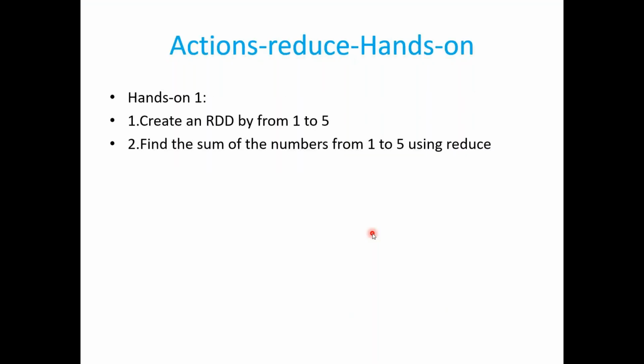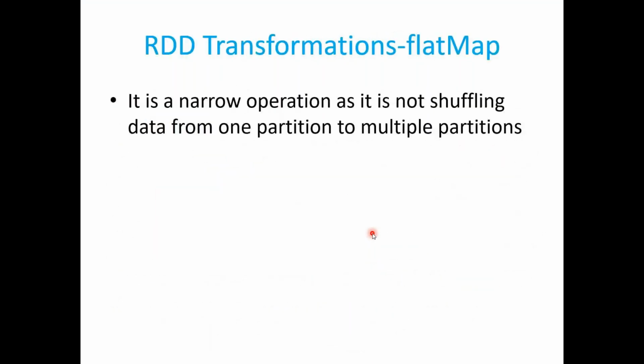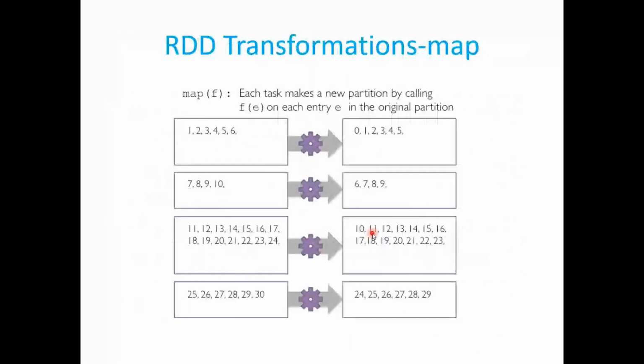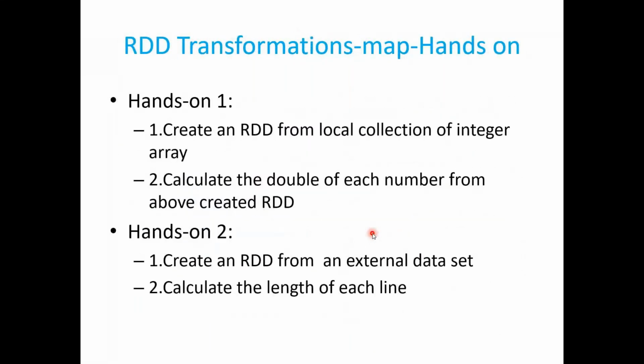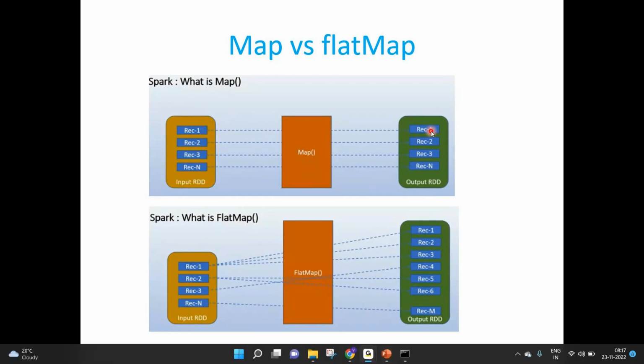So now I wanted to go back to one of the important concepts called flat map. Before talking about flat map, in map, what have we learned? Guys, this is very, very important again. In map, for every input element, there will be exactly one output element, right?